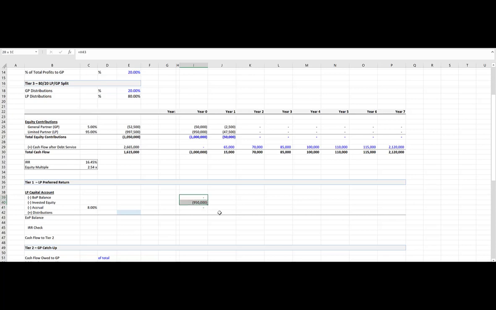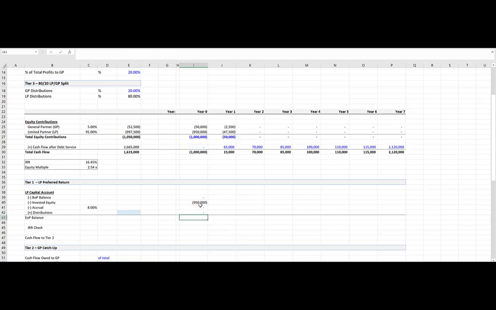But these top 3 numbers are all going to be negative, and then our distributions are going to be positive. So to get the distributions, we're going to use a min function, which is going to take the minimum of the cash flow after debt service that's available in this period, and the negative sum, and it's negative because these 3 numbers are negative and we want it to return a positive number, of everything that's outstanding in this period.